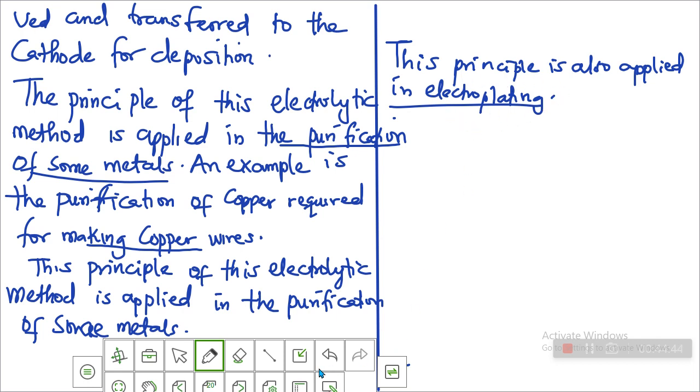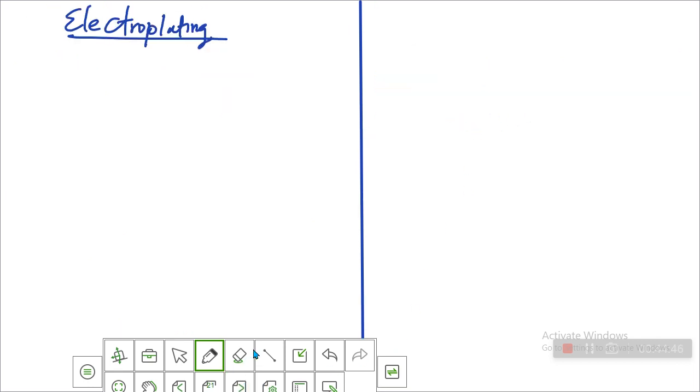Now let me quickly tell you the principle for electrolysis if time permits me. If you want to electroplate a spoon, assuming you have a spoon, with silver, this is what you are going to use. You are going to use your spoon as the cathode.